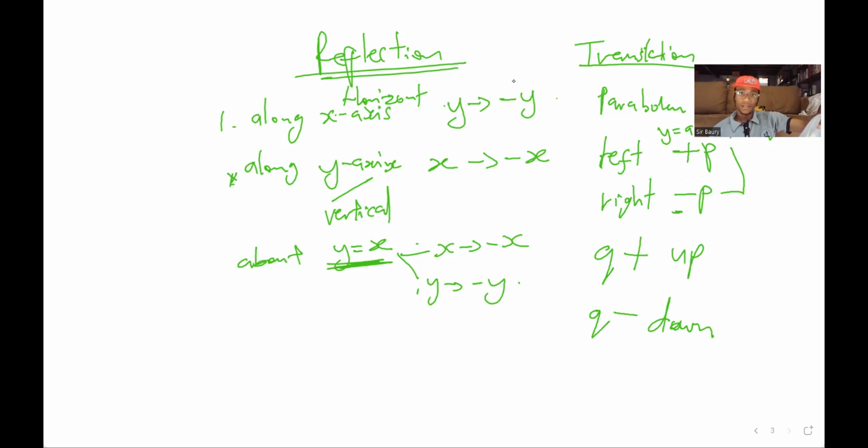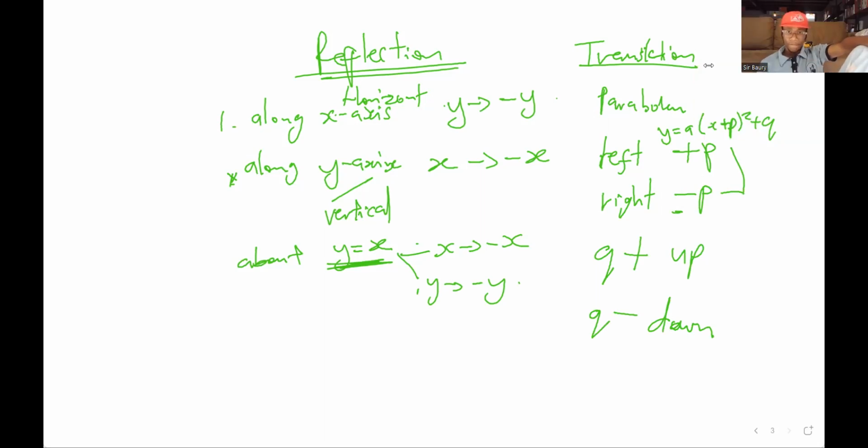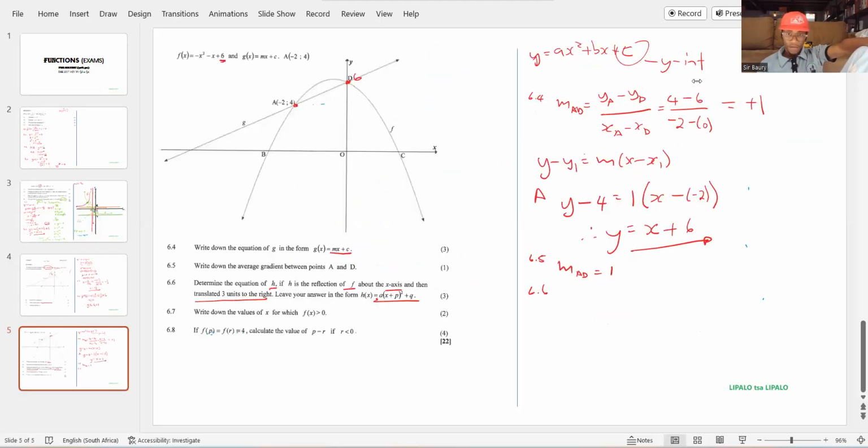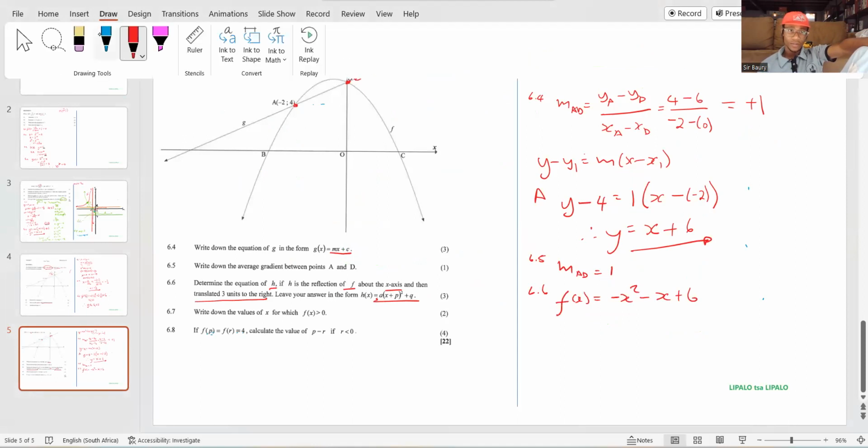Let's continue here. So I'm going to have f of x. This is my f of x. It's equal to negative x squared minus x plus 6. So I'm going to make the changes. I have to say reflection along what?